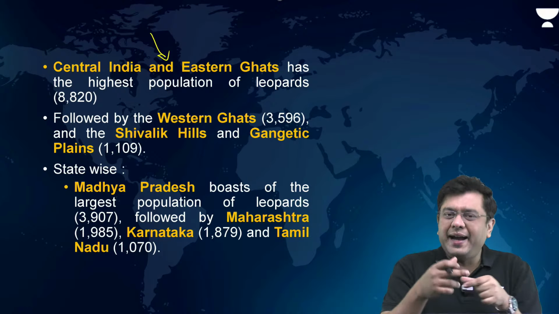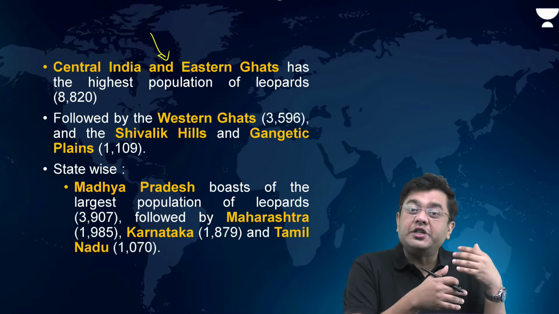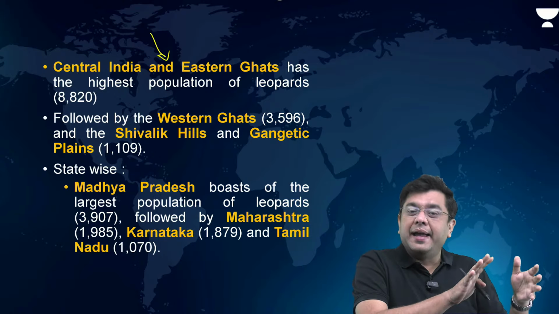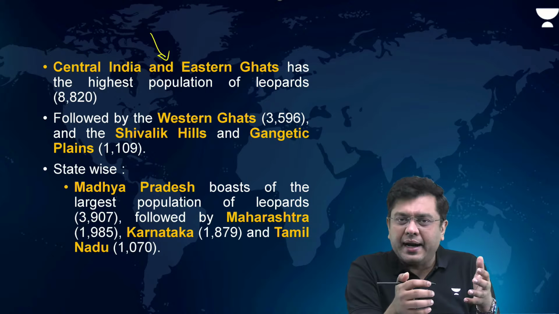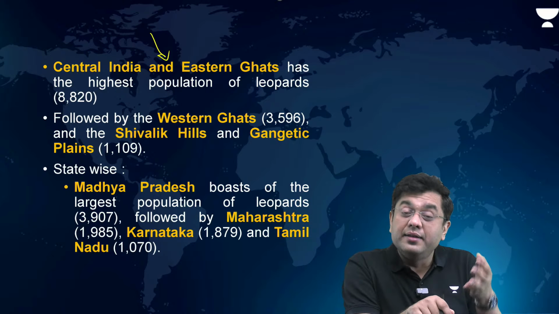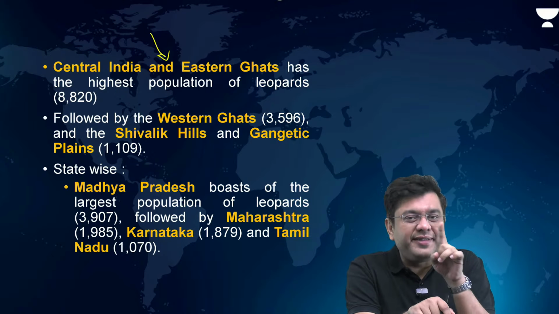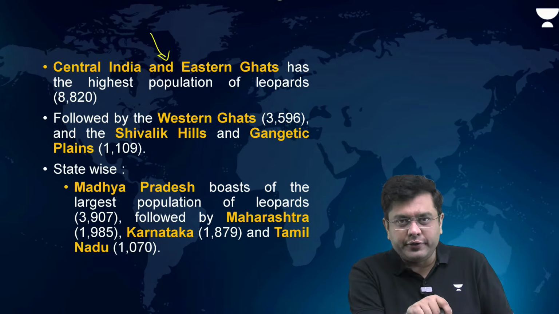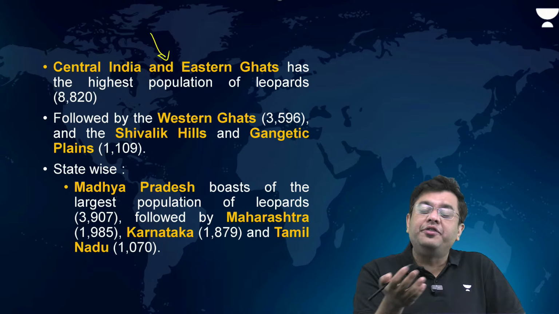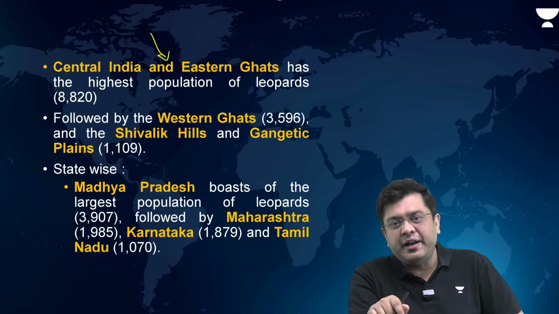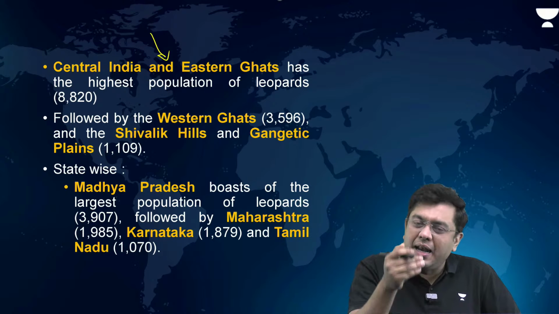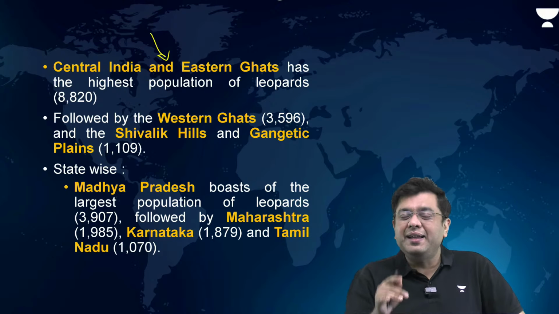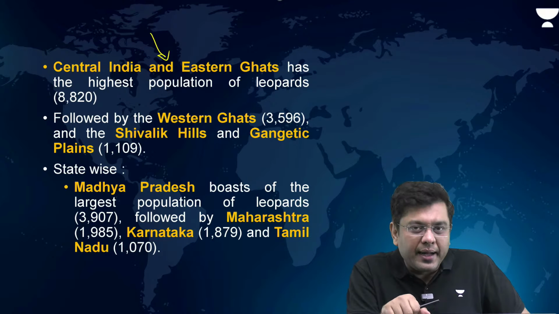Then it coincided with those habitats which are shared by the tigers. So when leopards and tigers share the same habitat, they will be competing for the same prey base. They will be competing for the same herbivores to consume. And as a consequence, because tiger conservation is given an effort, the leopard population in the region of the Tarai Belt, in the belt of the Shivaliks, has experienced a decline.